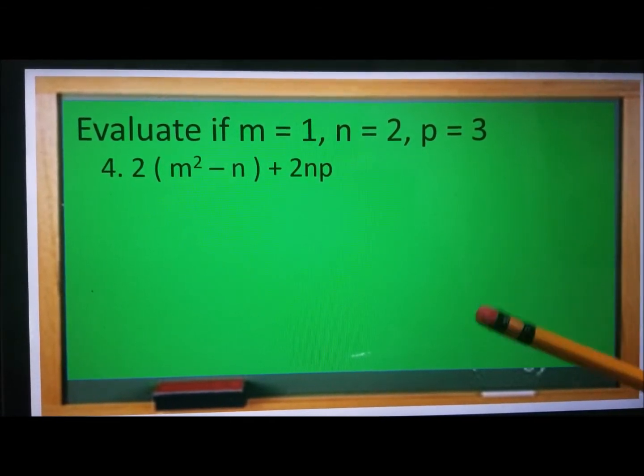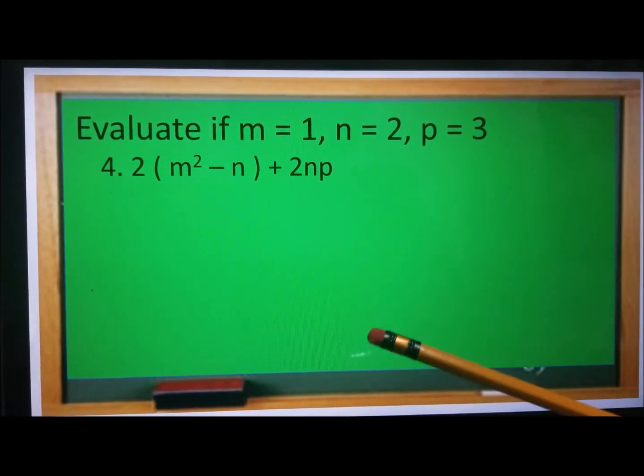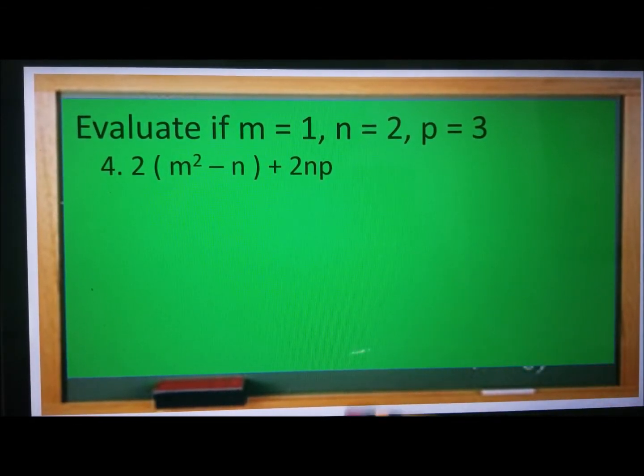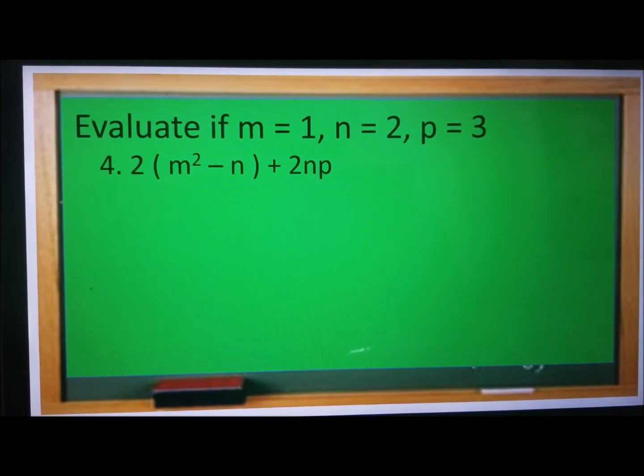Let's have more complicated examples this time. Evaluate 2 times m squared minus n plus 2np, if the value of m is 1, the value of n is 2, and the value of p is 3. Again, first we have to do the substitution.